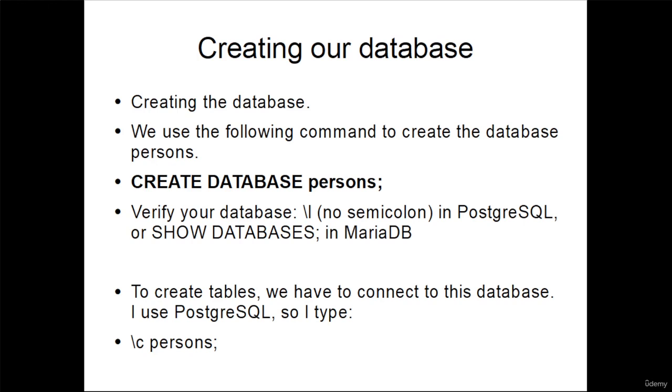If you are using a different RDBMS, the command to connect to a database may vary. For example, use persons, followed by a semicolon for MySQL and MariaDB. Always check your RDBMS's documentation for the correct syntax, as these differences are common across systems. Now that you are connected to the persons database, you are ready to create tables and explore SQL further.